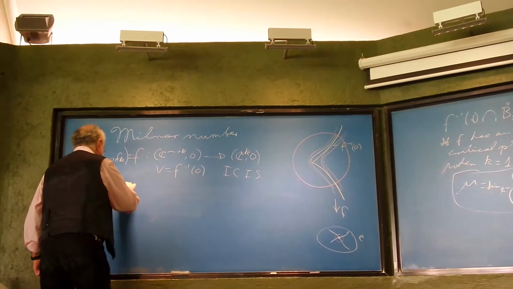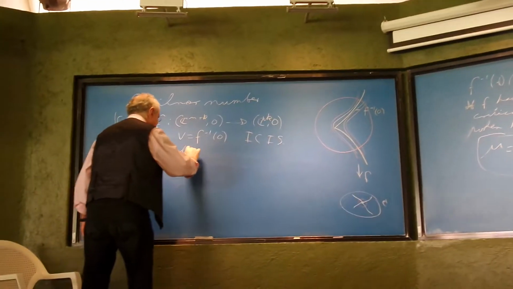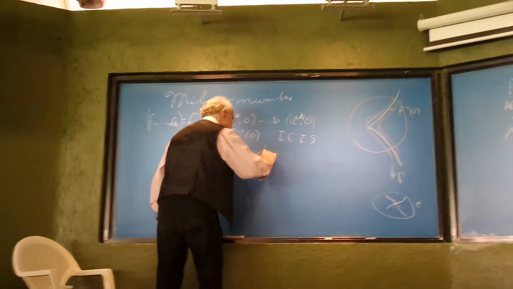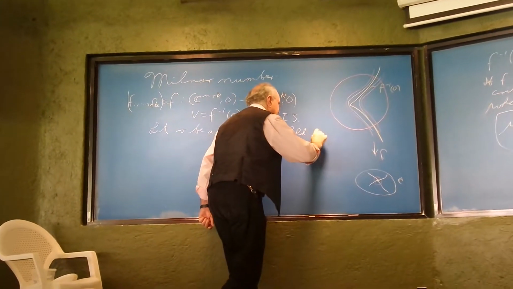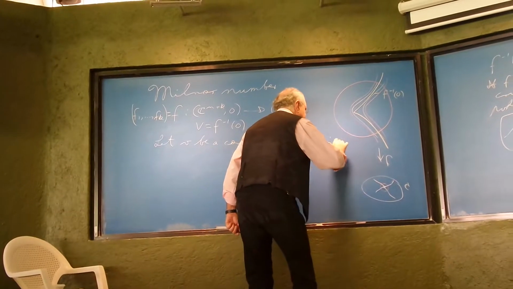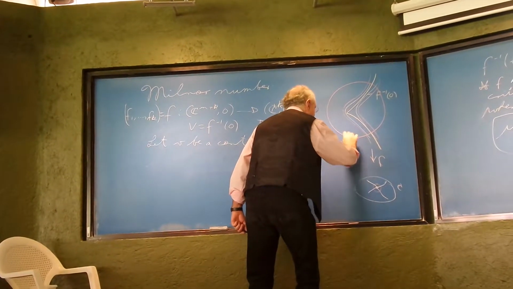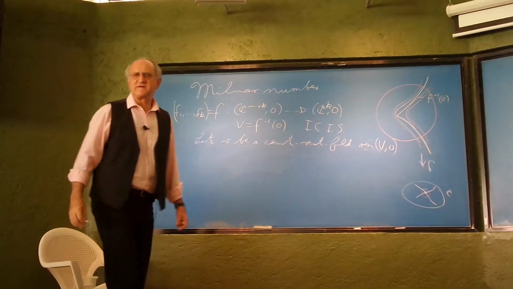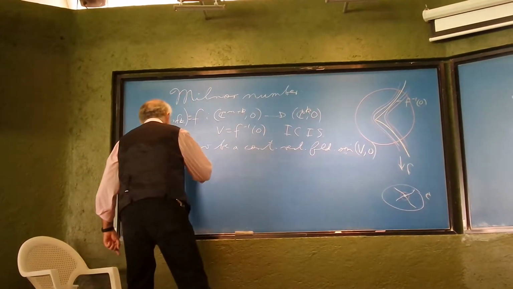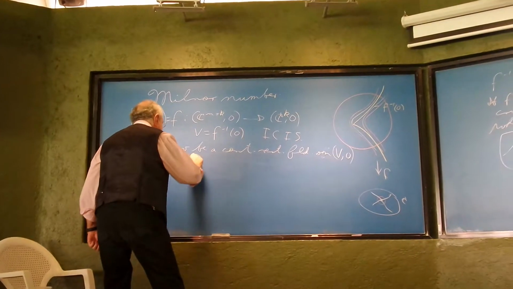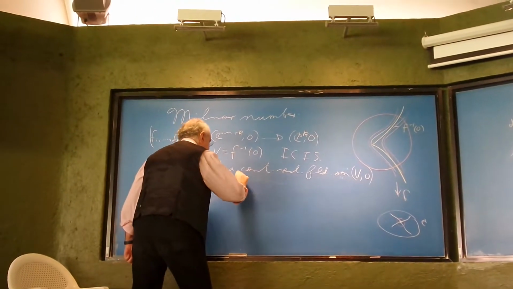Let v be a continuous vector field on V, the origin. That means the restriction to V of a continuous vector field in the ambient space, with isolated singularity of the vector field at the origin.